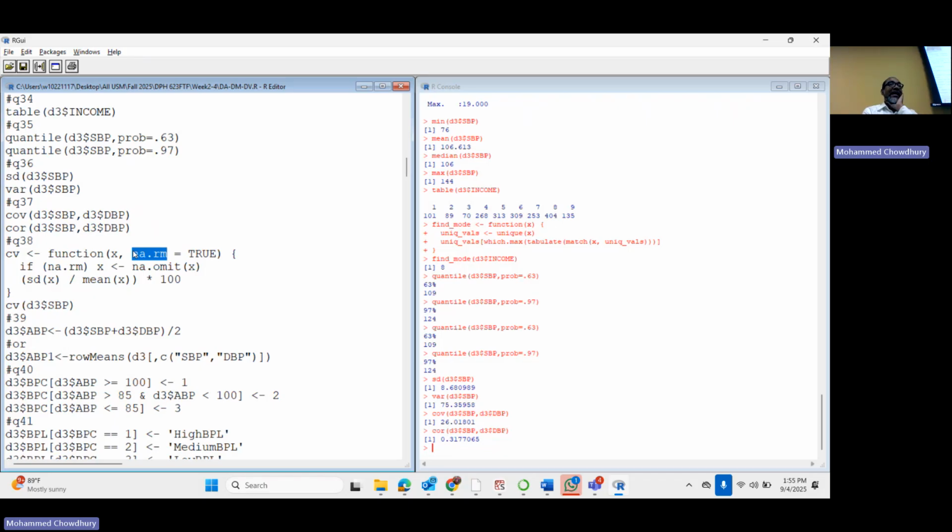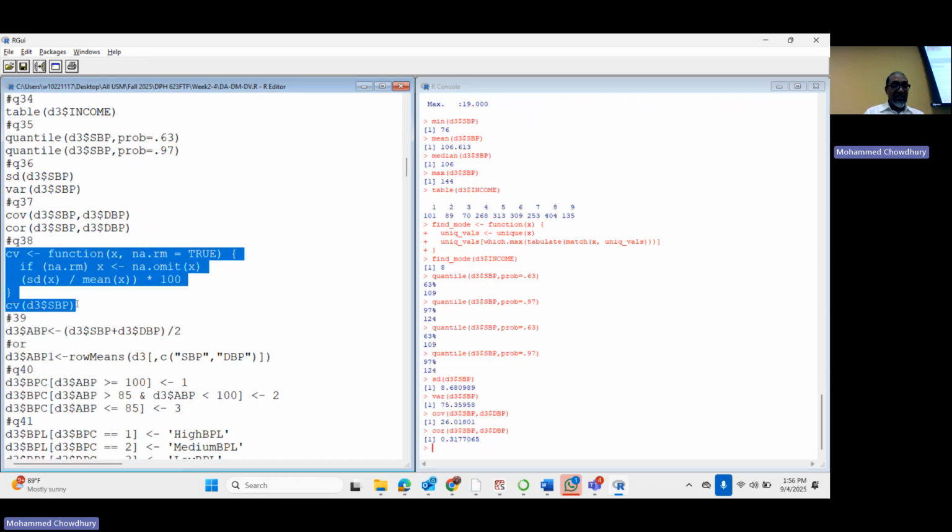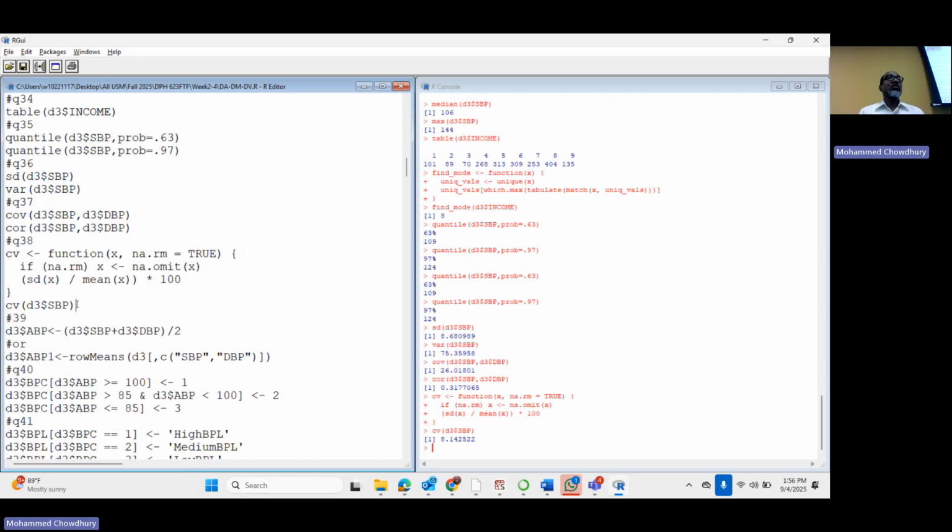So we remove the missing values and then find the coefficient of variation of SBP. That means dividing the standard deviation of systolic blood pressure by its mean. We do this, okay?